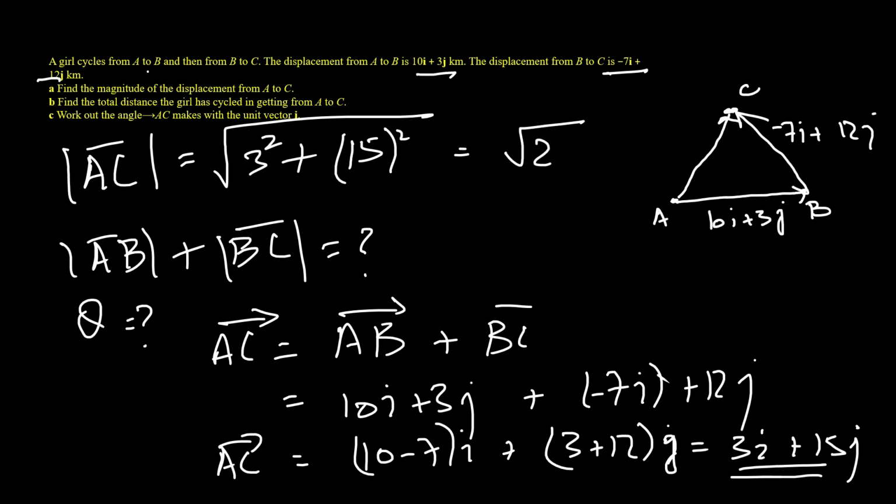Square root 234. That's the magnitude of the displacement from A to C, expressed in meters.